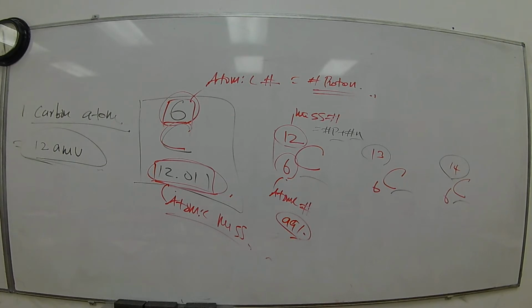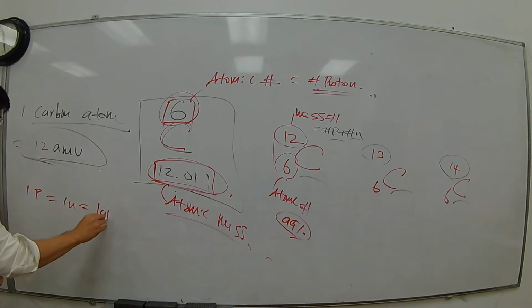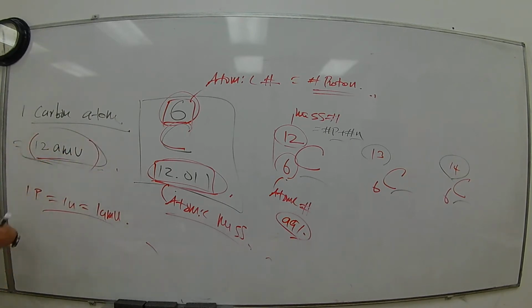One proton and one neutron have about the same mass; they're a little different, but each is equal to 1 AMU. So the carbon C12 atom has 6 protons and 6 neutrons, which add up to 12 AMU. So one carbon atom is 12 AMU. It's not that bad, right?